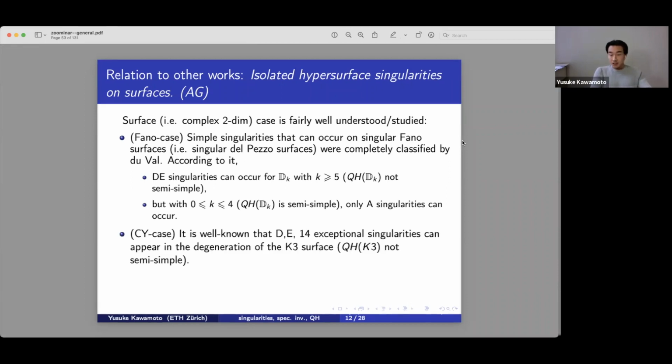So my result was for Fano varieties, but if you go to the Calabi-Yau case, then it's well known that D-type singularities, E-type singularities, the 14 exceptional singularities, all those things can appear in the degeneration of the K3 surface. And the K3 surface does not have semi-simple quantum cohomology. So all these things are compatible with my statement.